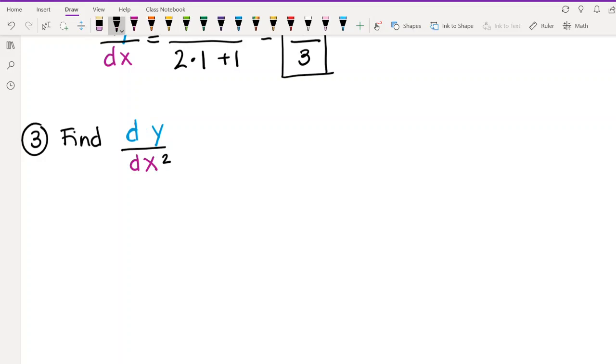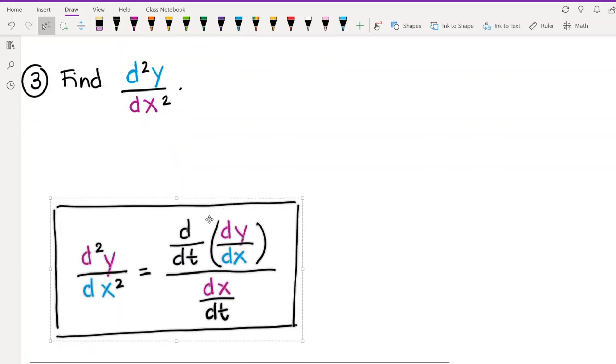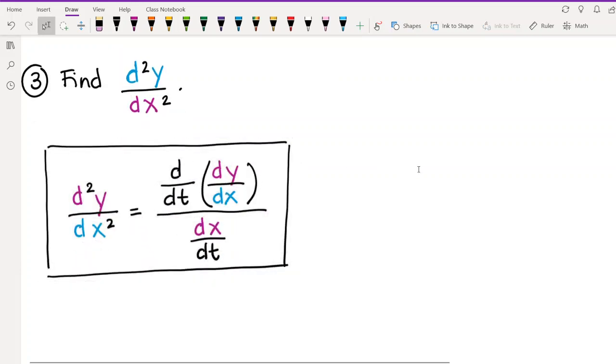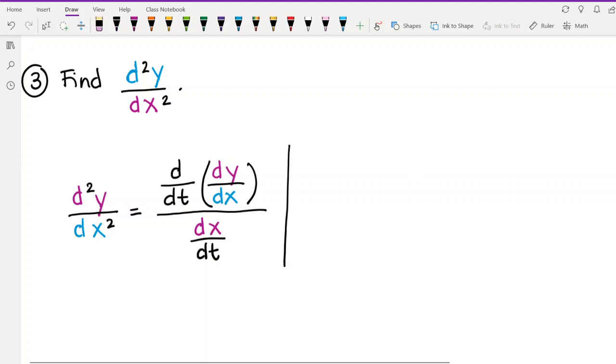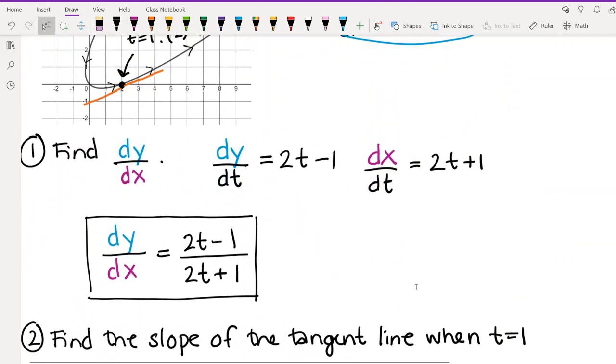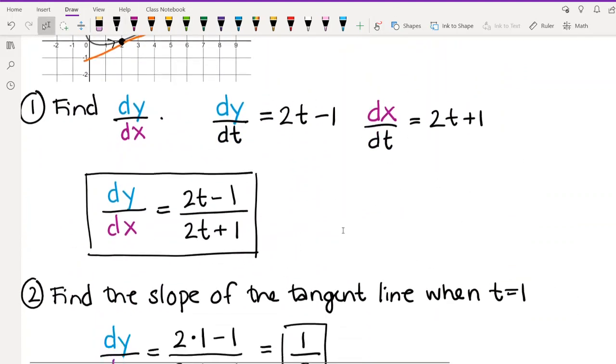We saw that the formula was this. We already found dy/dx earlier, right? So we found dy/dx up here. dy/dx was equal to (2t minus 1) over (2t plus 1).